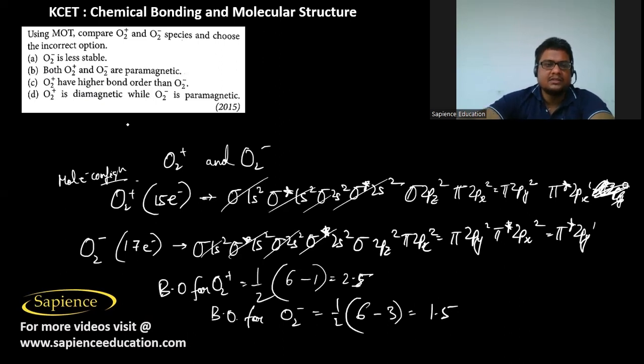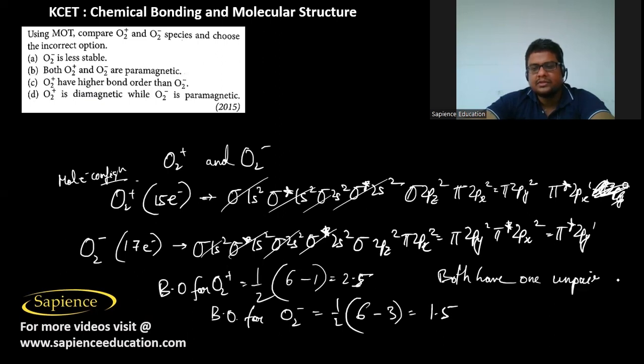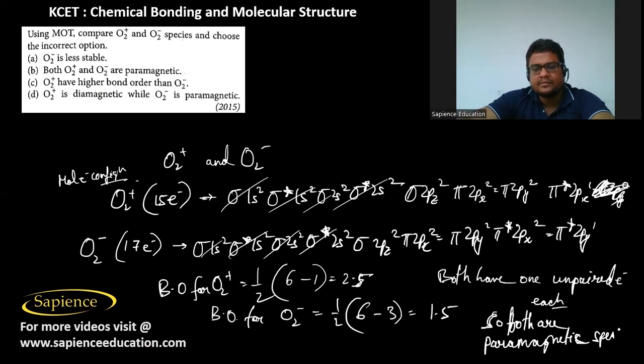So C is the correct statement, but here it is asked to choose the incorrect statement. Now, both are paramagnetic since both have one unpaired electron each. So both are paramagnetic species.